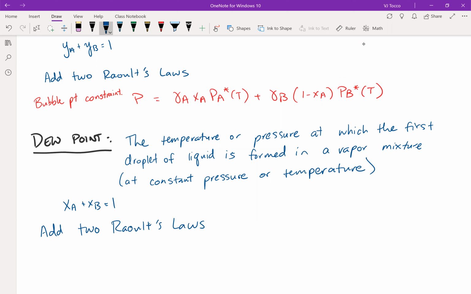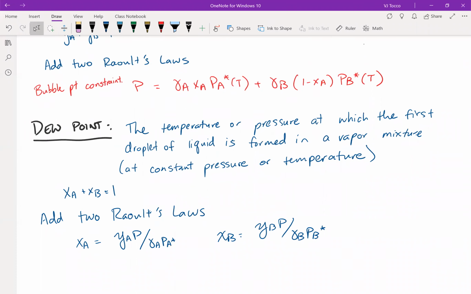I want to solve first for xa and xb. So if I just rearrange the Raoult's laws, I'll obtain the following formulas. xa is ya times P over gamma a pa star. And xb is yb times P over gamma b pb star.